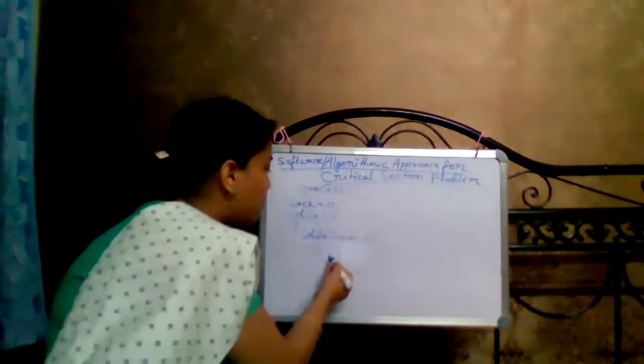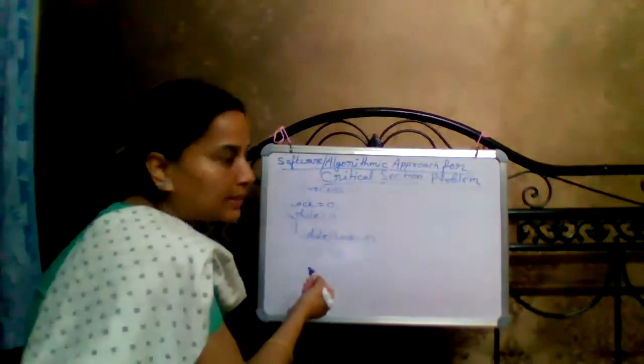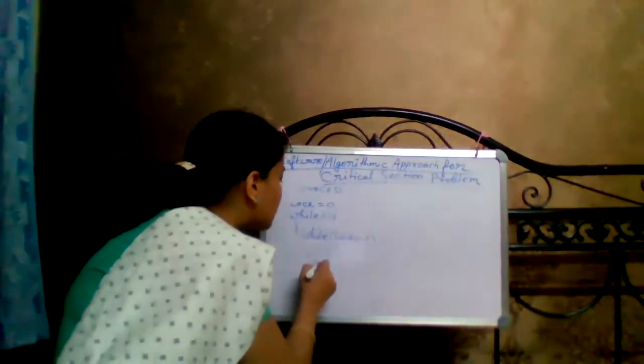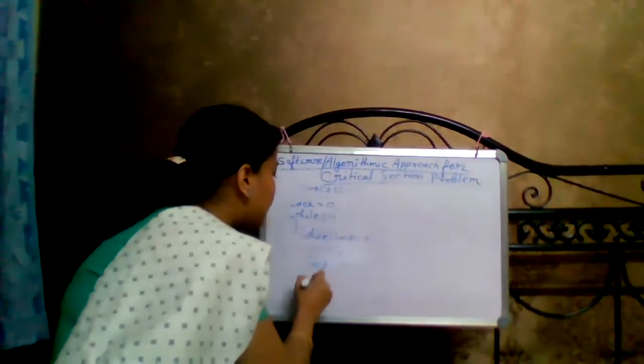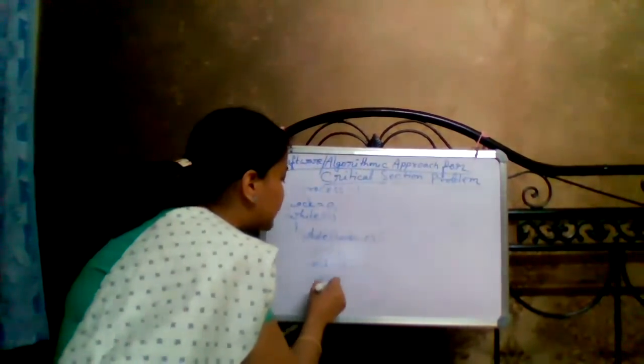Before it exits the critical section, it changes the value of lock to 1 and enters its non-critical section. Understood?